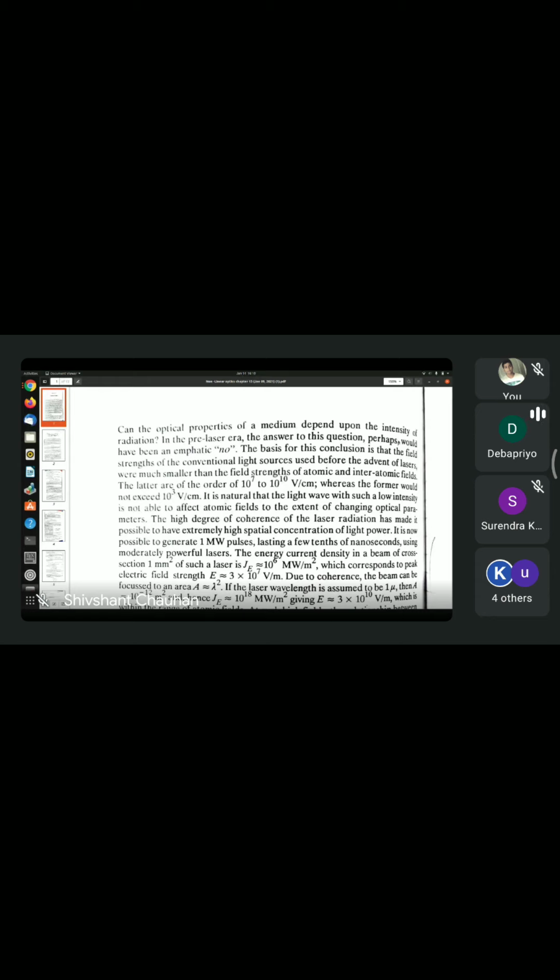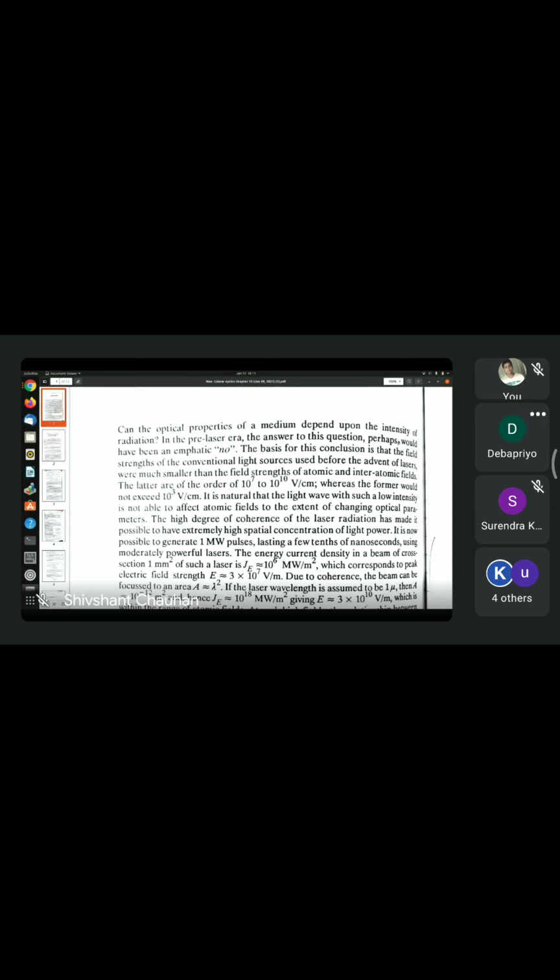So if there is a potential difference of 1 volt over a distance of 1 angstrom, that means the electric field is 10 to the power 10 volts per meter, because 1 angstrom is equal to 10 to the power minus 10 meters. Whereas the electric field associated with ordinary light rays is only about 10 to the power 3 volts per meter.